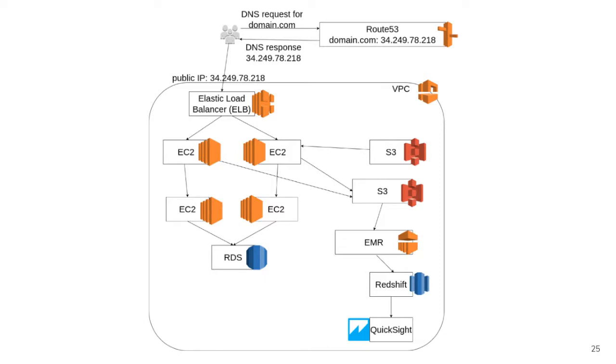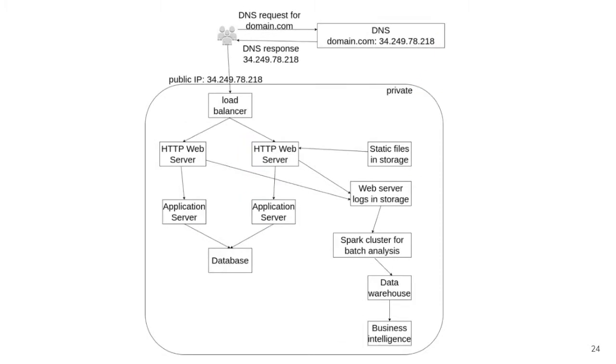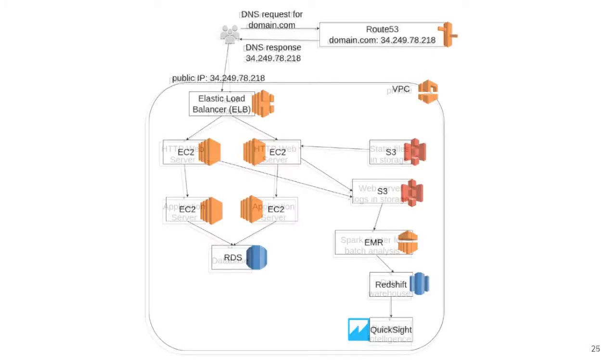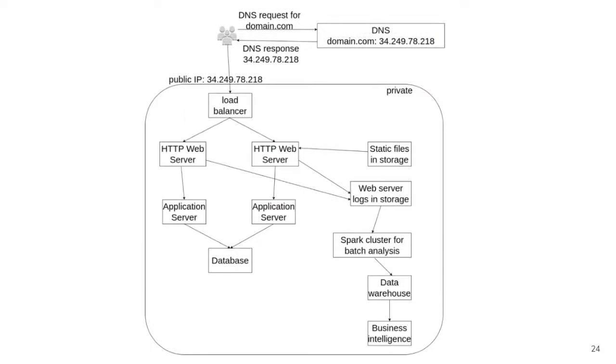Then you can create 2 web servers and 2 application servers using EC2. You can store your relational data using RDS. You can store log files or images that you want in S3 buckets, and then you can do some machine learning.